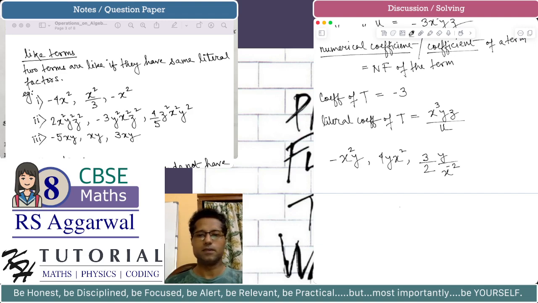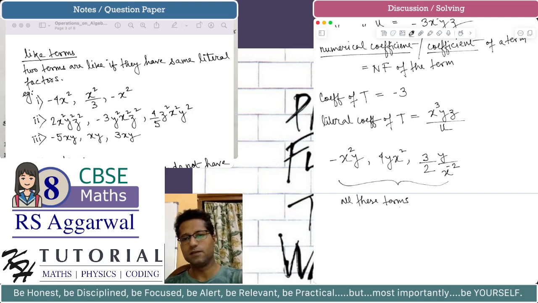As you can see, these are all like terms. So terms having the same literal factors are known as like terms.